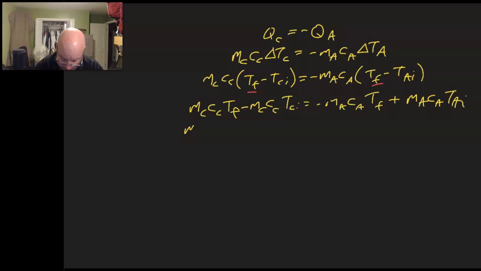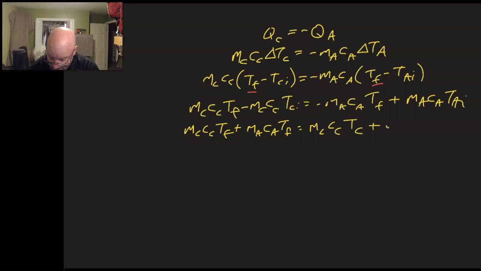So we're going to have MC CC TF plus MA CA TF, and that's going to be equal to, minus, just kidding, it's going to be equal to MC CC TC initial plus MA CA TA initial. Okay, just like that.